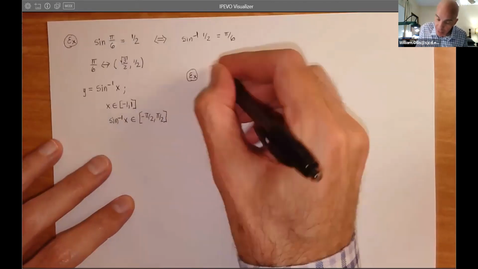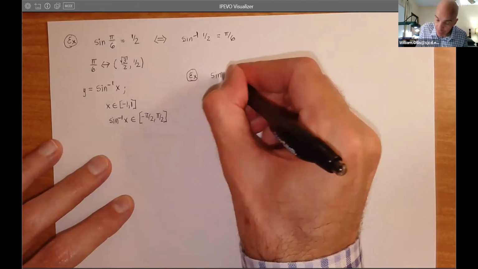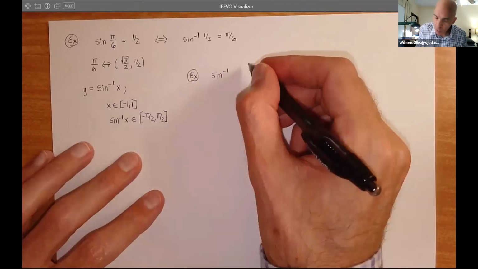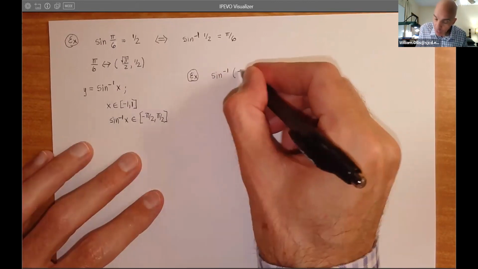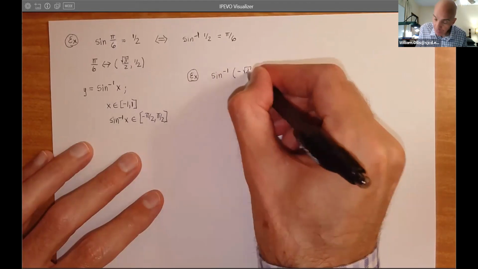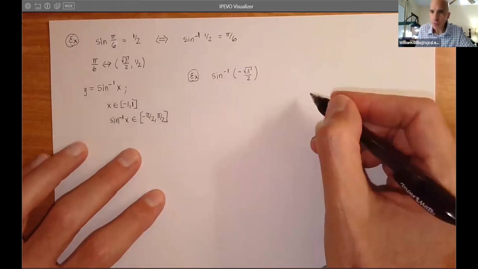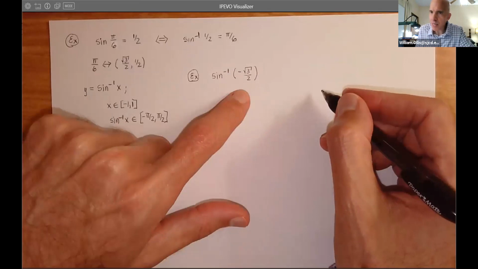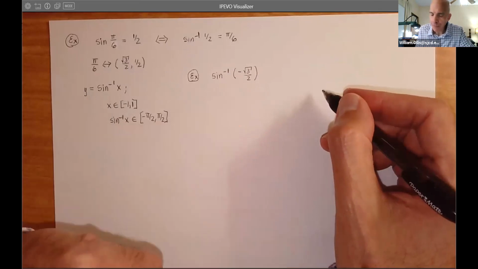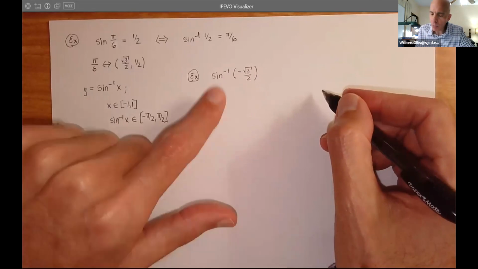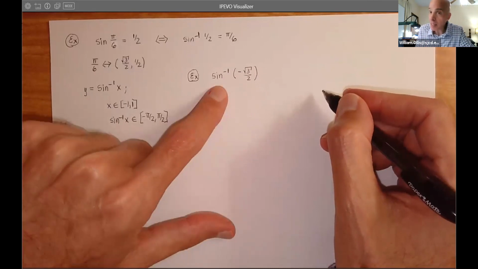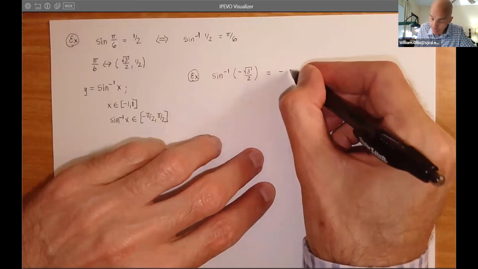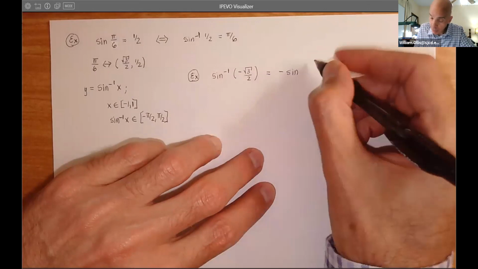So here's another example. What if I said inverse sine of, let's just choose another one, say we have negative √3 over 2. And you're thinking, oh, okay, Professor Ron, I get you. That's a y value on the unit circle. And then you might be thinking, well, we know that the inverse sine is odd. So the first thing we would do is factor the negative, just because we want to make it easy.